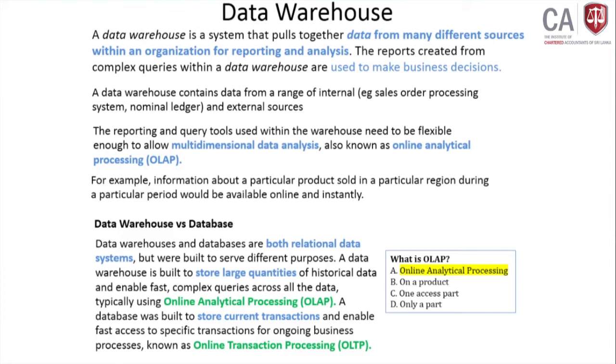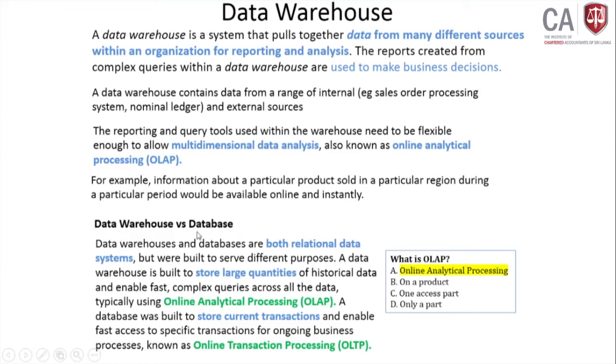Those data can be retrieved from different sources and used for reporting and analysis. That is used to make business decisions. Business decisions can be taken by using those data. So there can be online analytical processing, OLAP, multi-dimensional data analysis. There are different techniques used in there.